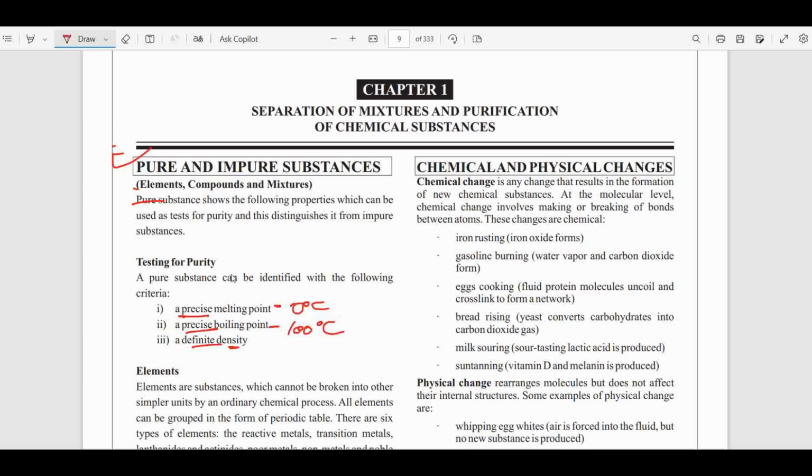But if it's an impure substance, it would have a range of melting point. In other words, it will melt over a range of temperature.